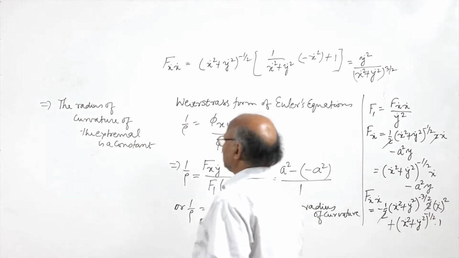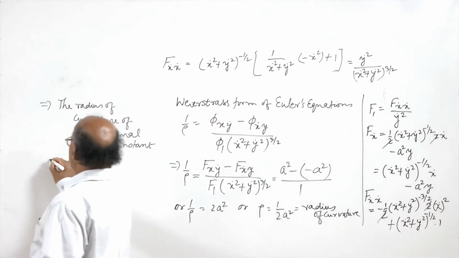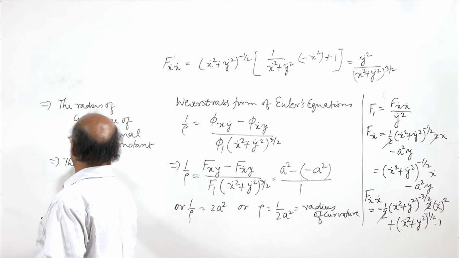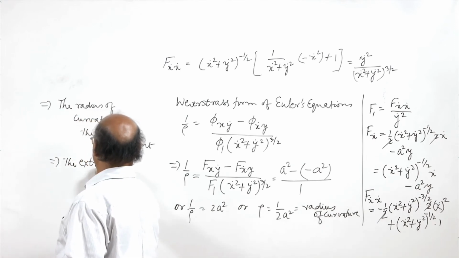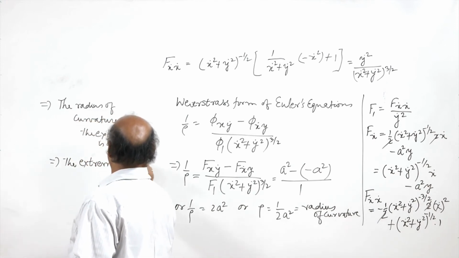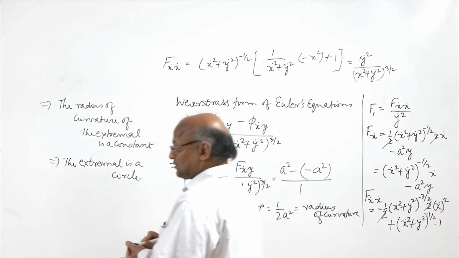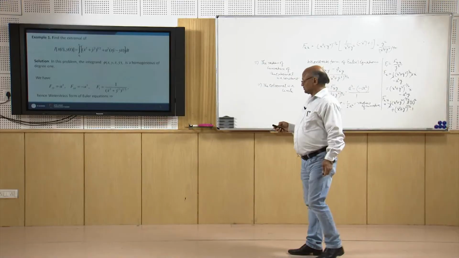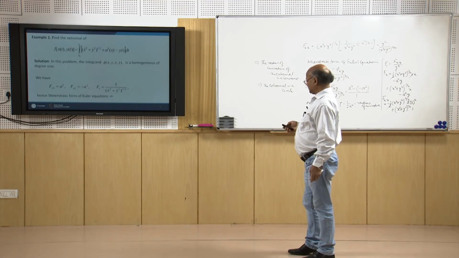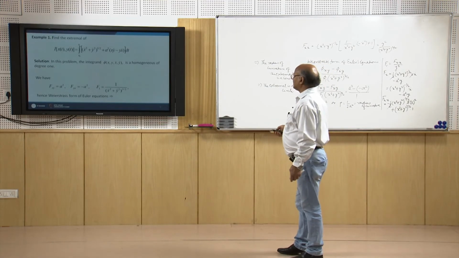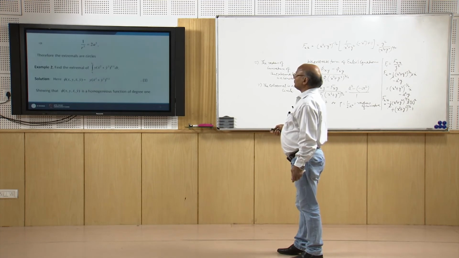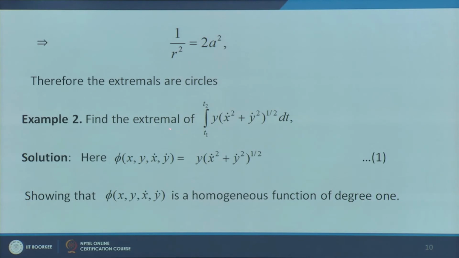The radius of curvature of the extremal is a constant, and therefore the extremal is a circle, because the radius of curvature of circles is a constant quantity. So the extremals are circles. Now let us find the extremal of this problem.